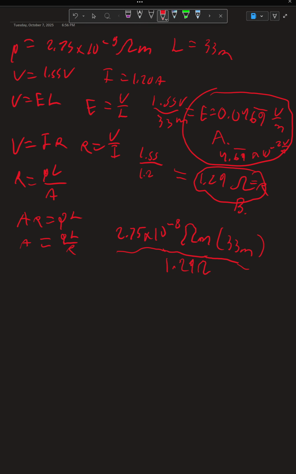Do all the math and that equals about 7.03 times 10 to the power of negative 7 meters squared, because meter times meter squared cancels out the ohms. So the cross-sectional area A equals 7.03 times 10 to the power of negative 7. That's part C.